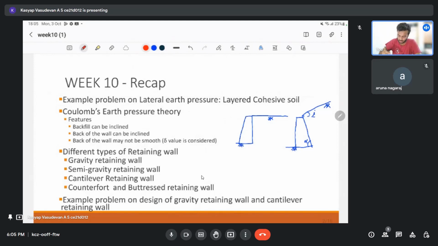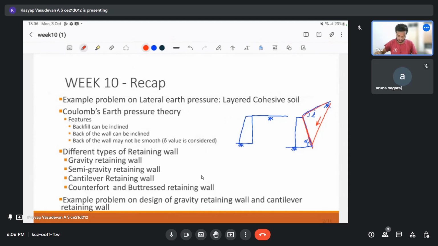In Coulomb's theory, we are assuming that the failure wedge, that is this triangle of soil, will fail as a rigid body, and all the frictions involved on this surface as well as this surface are accounted for. So it can be extended as a graphical method also. There are different methods like Culmann's method and Rebhann's method.